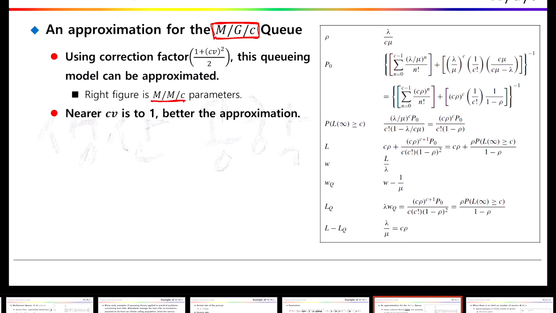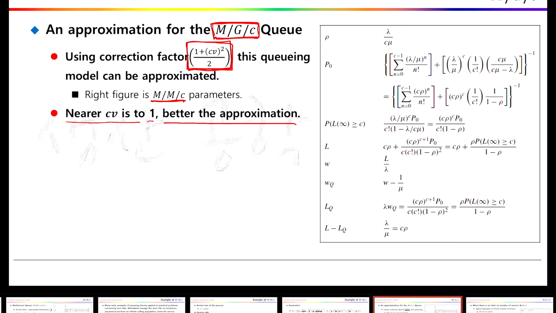Then the correction factor is the variability term that was already explained in the coefficient of variation. And very surely, the nearer CV is to 1, the better the result. It gives us a better approximation.